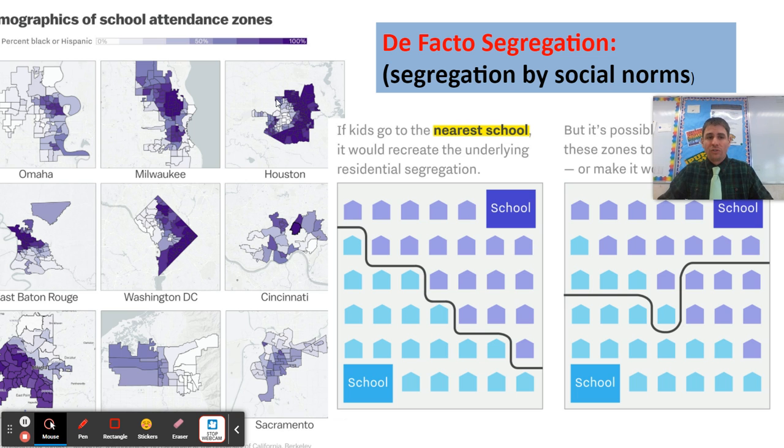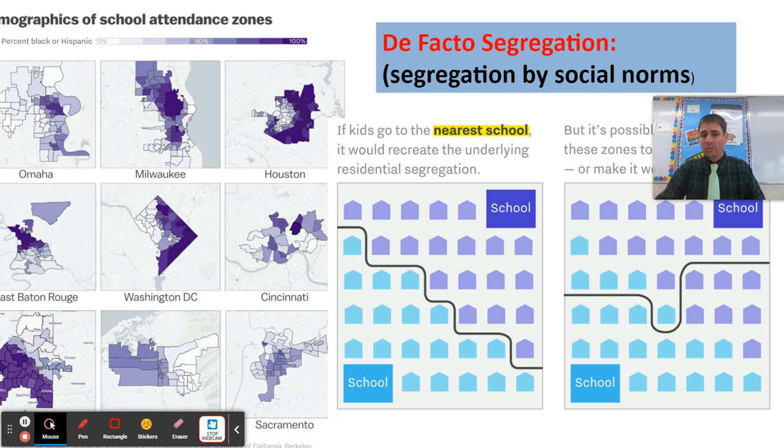Now, the way our public schools are organized, you attend a school that is nearby your house. Because we have neighborhoods that are nicer than others, and minority individuals are not as likely to live in those nicer, more affluent neighborhoods, they're not going to the schools nearby those affluent areas.